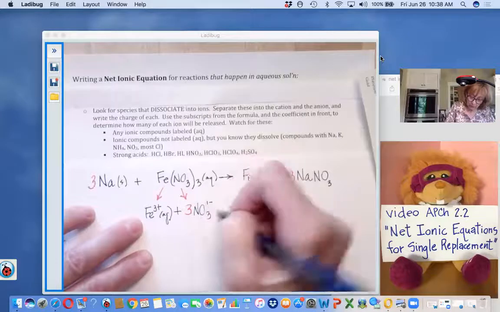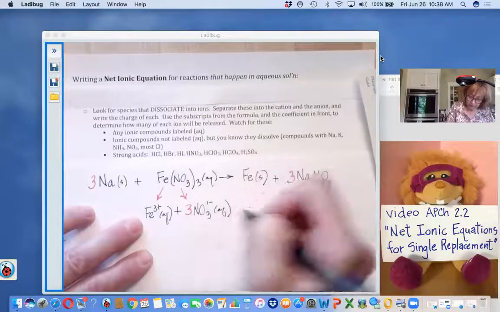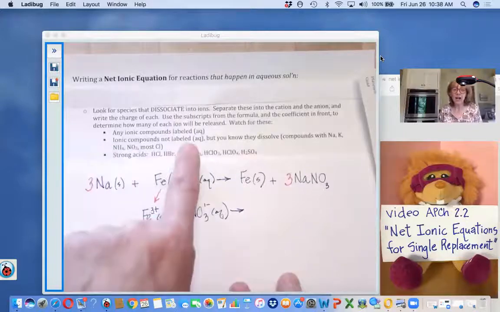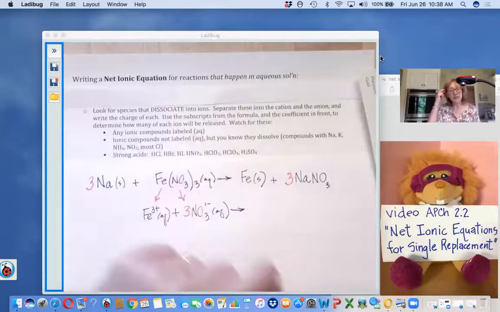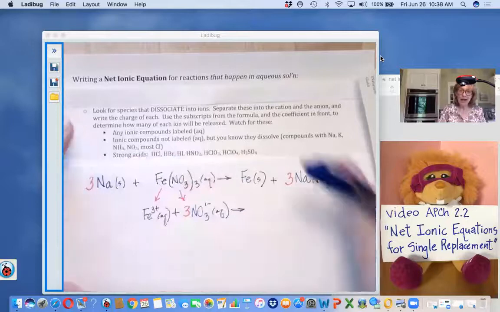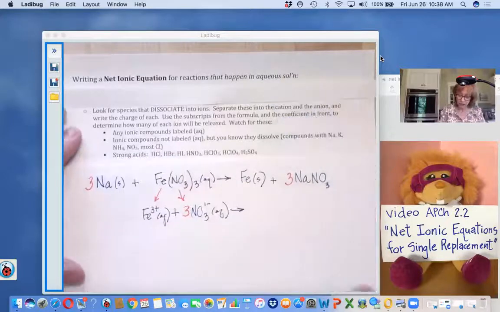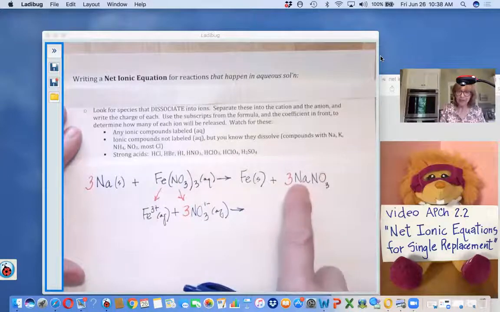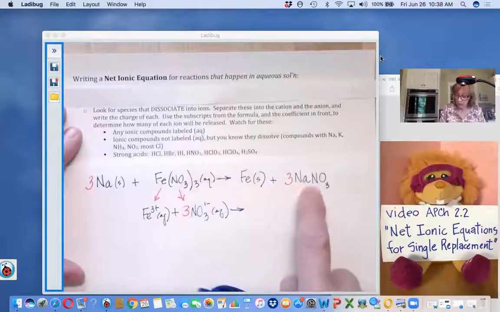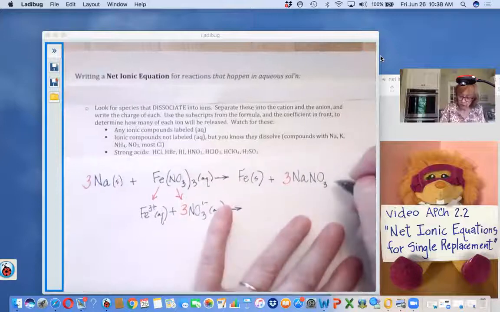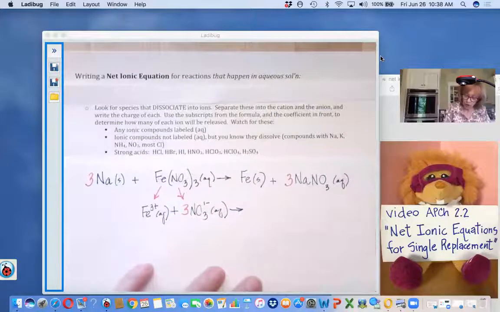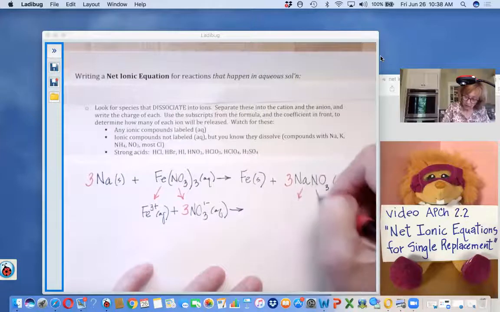anions swimming in solution. All right, I'm also going to be on the lookout for any ionic compounds that are not specifically labeled AQ, but I have prior knowledge that they do dissolve. As you'll learn as we go along, any compound that has sodium in it is going to be soluble in water. So I know this compound dissolves in solution.